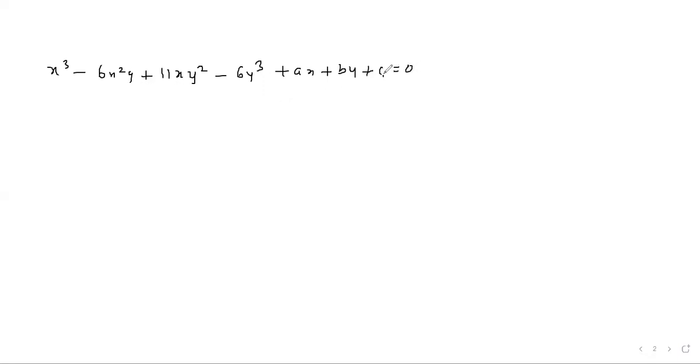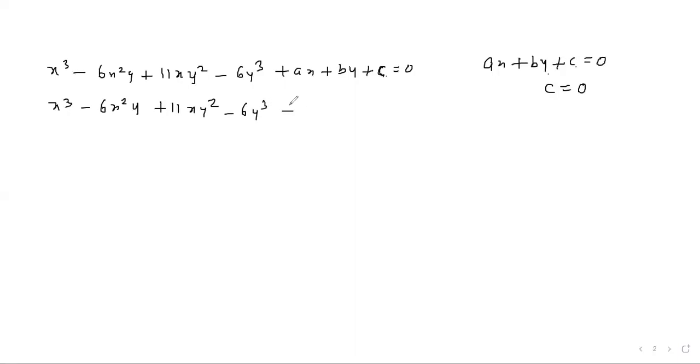Now, in order to get the tangent, we equate the lowest degree term to 0. So ax plus by plus c equal to 0. And given that the curve passes through the origin, when we put x equal to 0, y equal to 0, we will get c equal to 0. So our equation will reduce to x cube minus 6x square y plus 11xy square minus 6y cube plus ax plus by equal to 0.